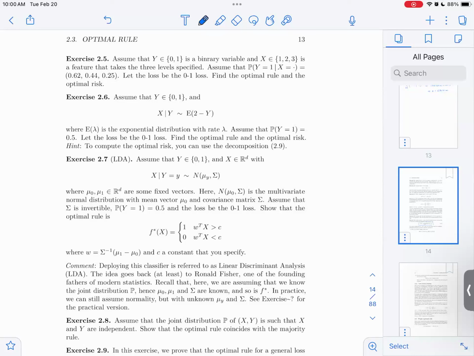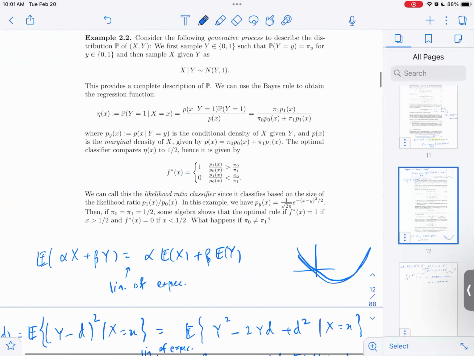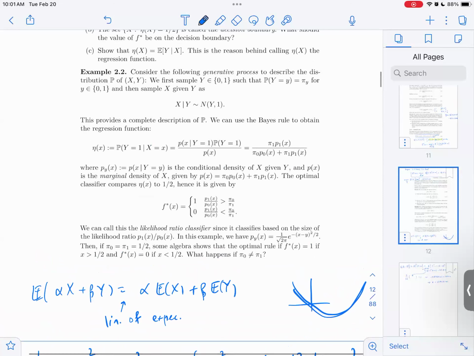We did the general case here. This is the structure of the optimal rule. When I give you a density, for example, in this example, this is a general density. So we compare the likelihood ratio of the class conditional densities to a threshold, which is related to the marginal probabilities of Y equals 0 and 1.